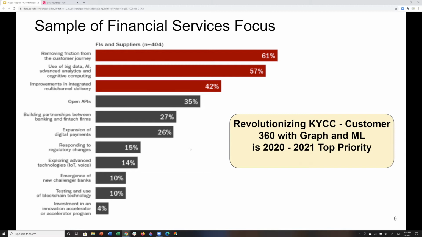This is a top priority. Look at the first three elements there that are highlighted in red. How do you have integrated multi-channel delivery? Well, you need to have a connected view of the customer and their customers. And so the summary is that we have extreme focus in both healthcare and life sciences as much as we do in financial services and other industries. So we're really excited to highlight how we can change the understanding of what Customer 360 really is with graph and machine learning. Next slide, please.